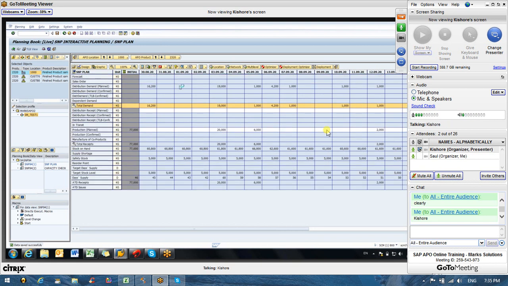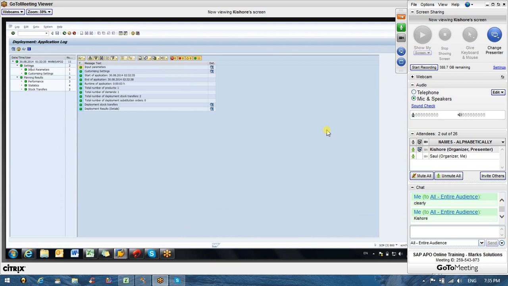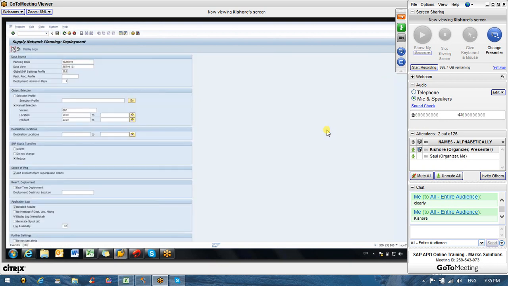Now if we try the same setting, it will try to confirm all the demand at the beginning of the period, because we have enough receipts to confirm all the demand for the first 20 days of the horizon. Now we'll run the deployment.